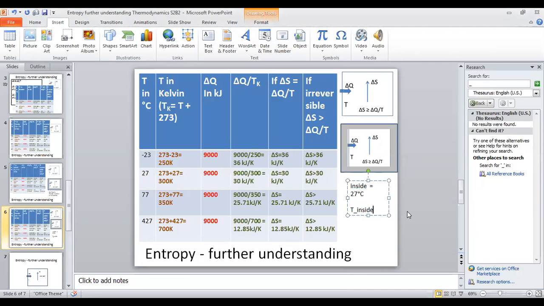Now you are going to vary the inside temperature, because we're adjusting using the thermostat. So what happens to your delta T?